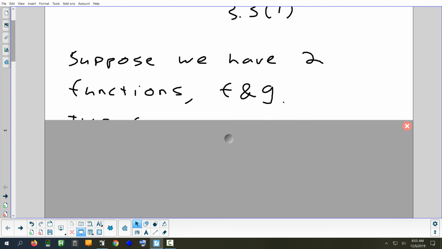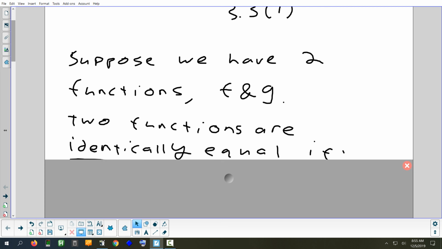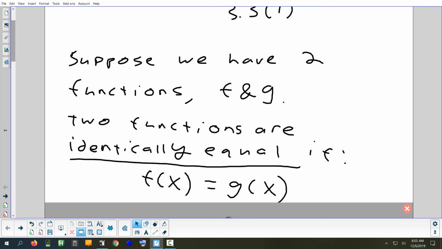All right, so suppose we had 2 different functions. You can name them anything you want, f of x, g of x. I'm using f and g. In order for these 2 functions to be identically equal, basically in order for them to be the same, what that means is every single value you plug in to the first function, you're going to get a number.